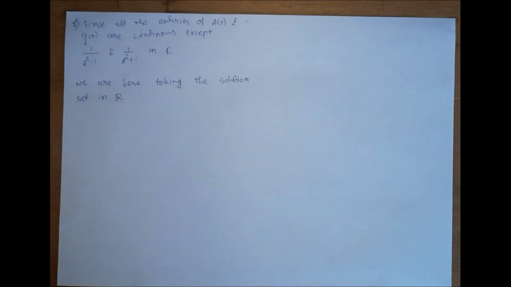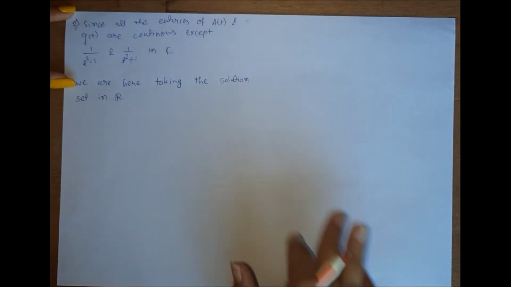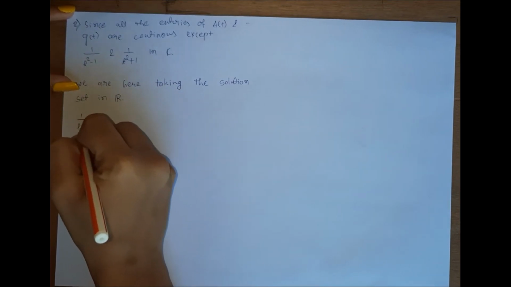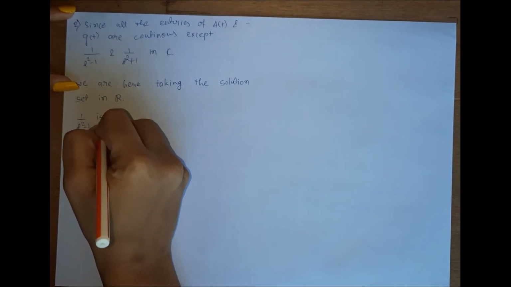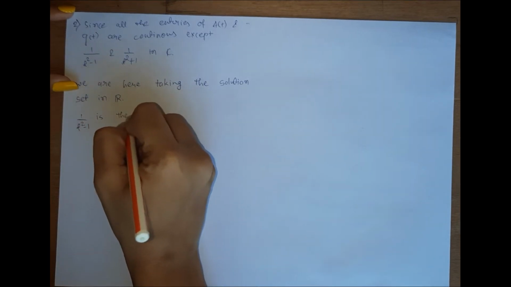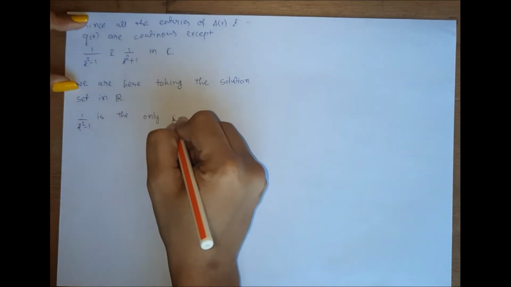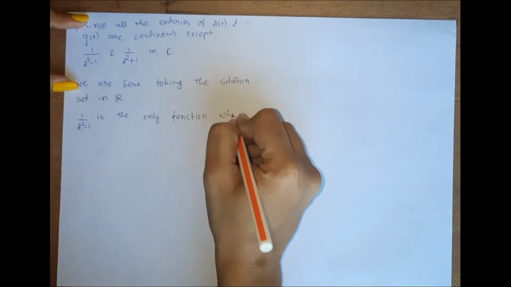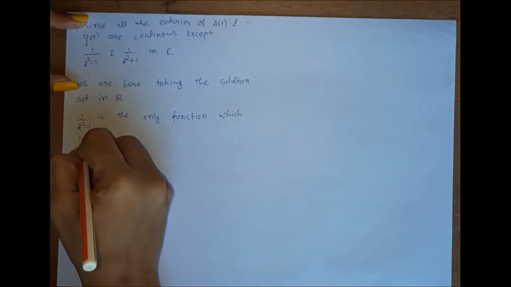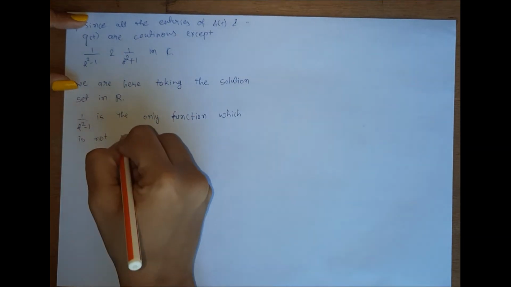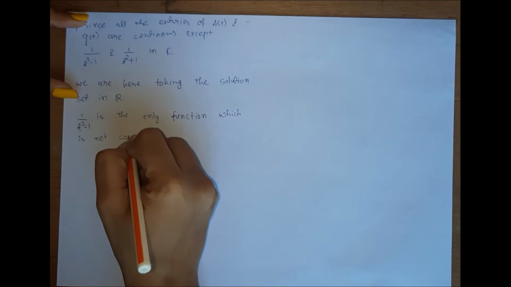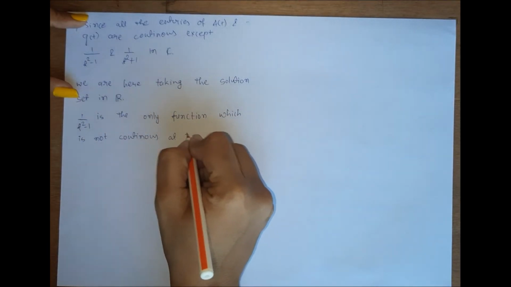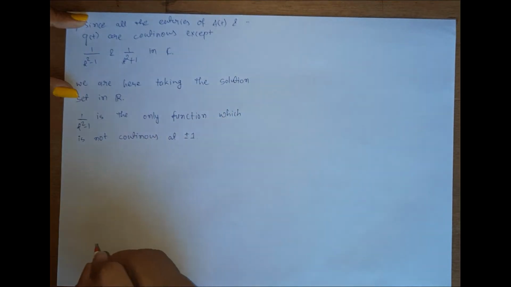Now similarly as we have discussed in the solution of problem 1, 1 upon t square minus 1 is the only function which is not continuous at plus or minus 1.